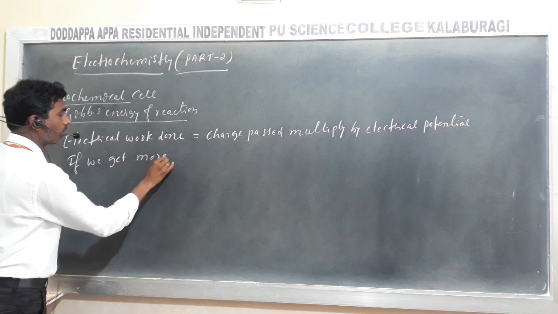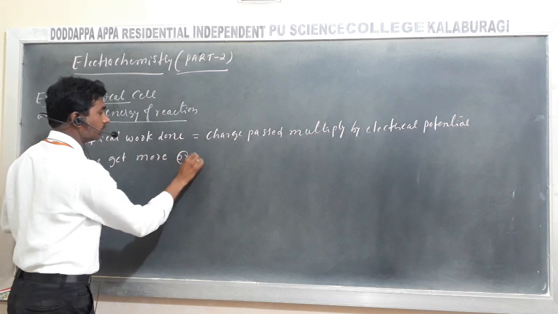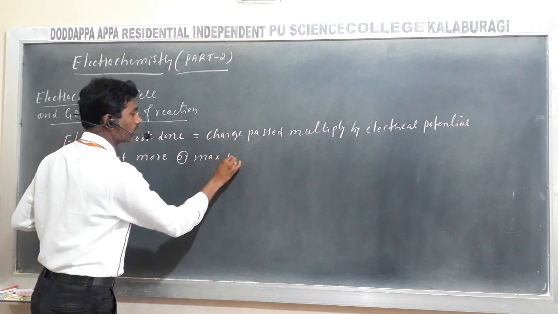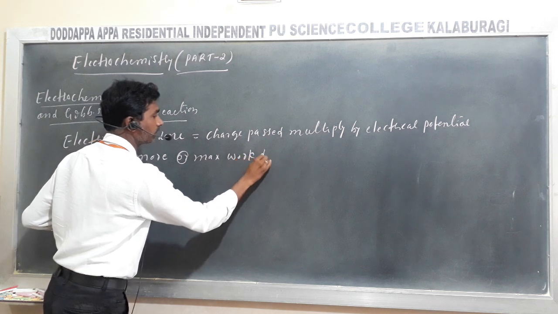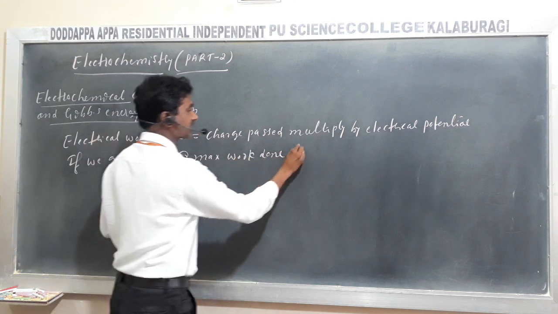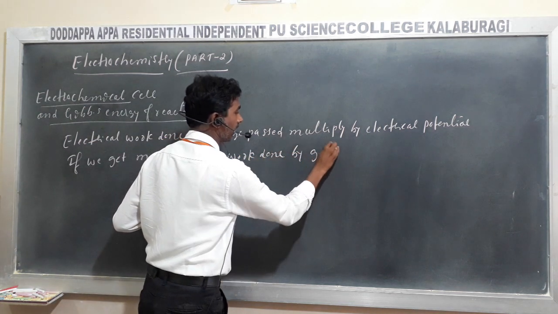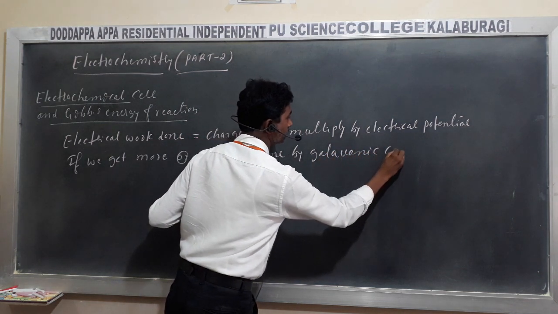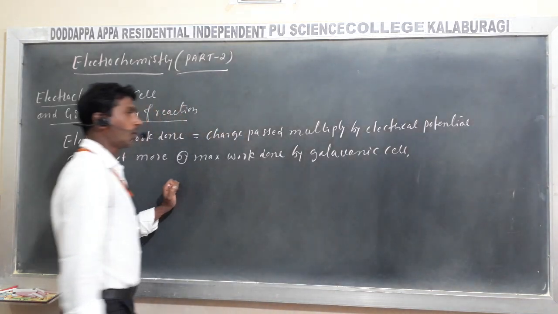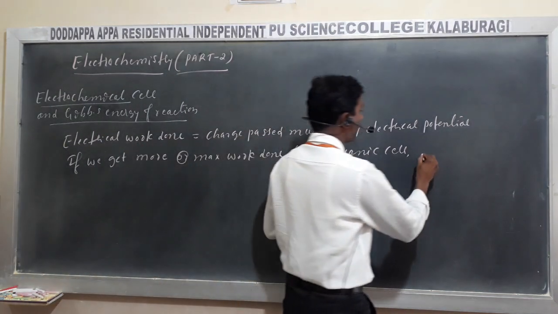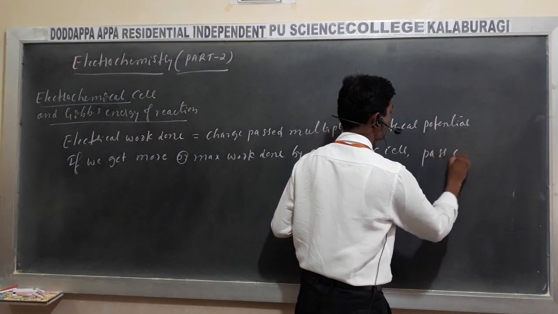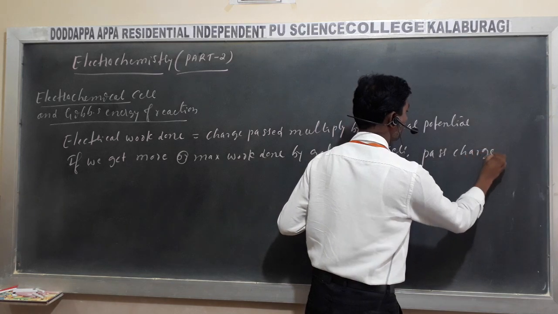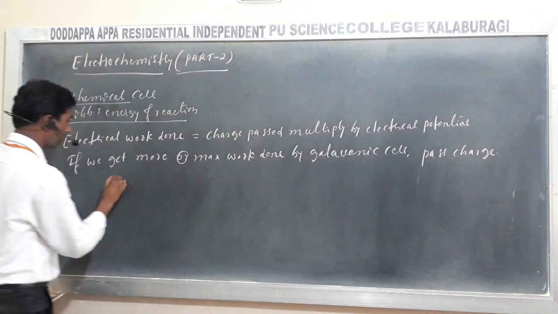Suppose you want to get the maximum work done by a galvanic cell. What you have to do is pass the charge reversibly.